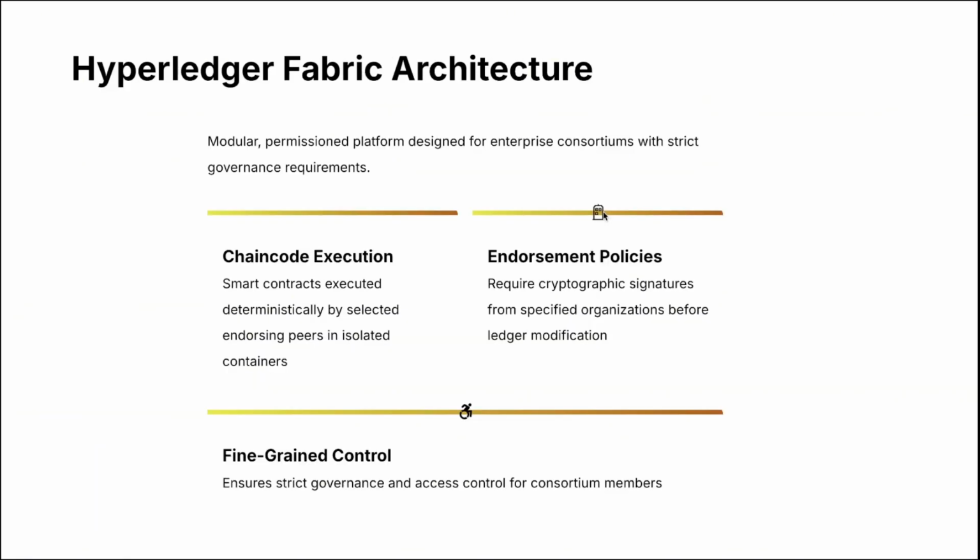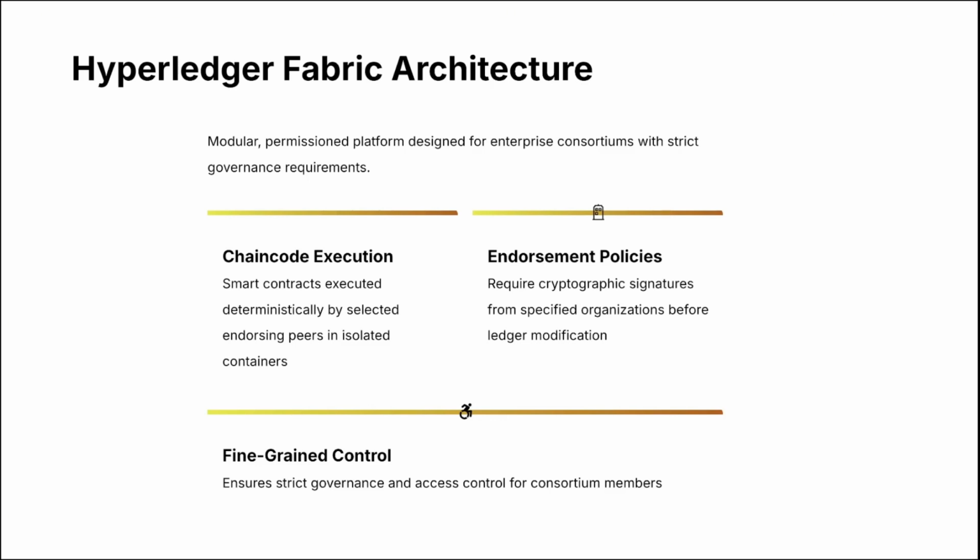Let's quickly touch on Hyperledger Fabric architecture, which is a modular permissioned blockchain platform, especially for enterprise use cases. One of its key features is chaincode execution. Chaincode, Fabric's term for a smart contract, is executed deterministically by selected endorsing peers, each running the code in isolated containers. This setup ensures both security and consistency across organizations.